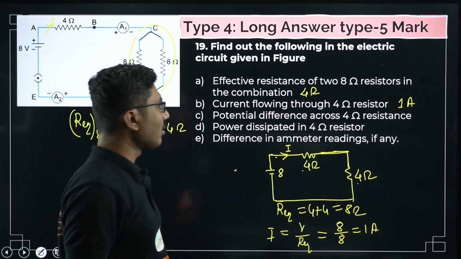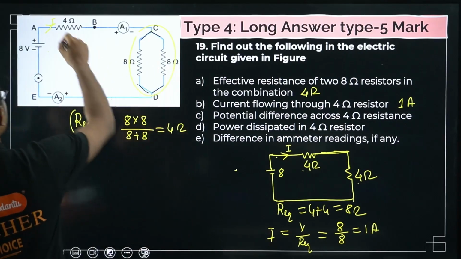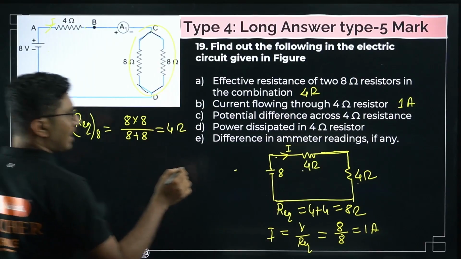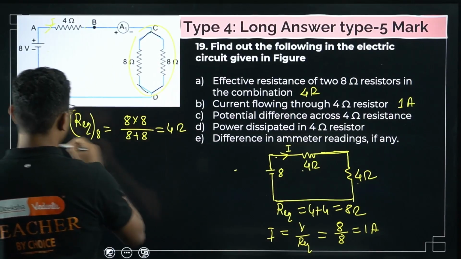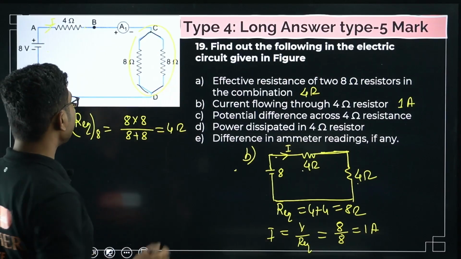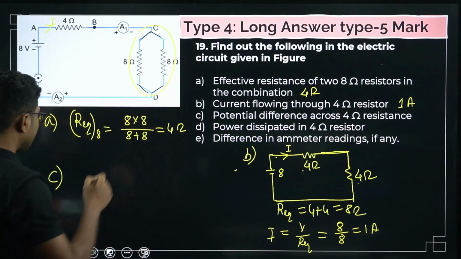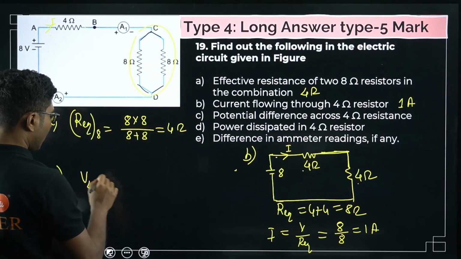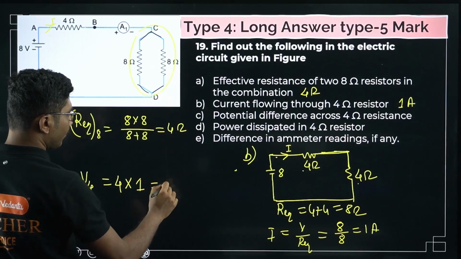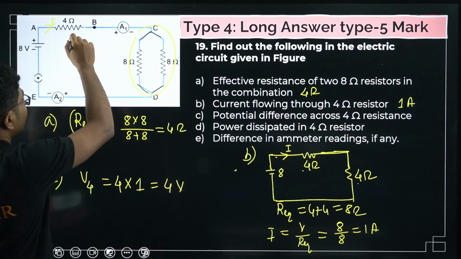Potential difference across the 4 ohm resistance. How do we calculate the potential difference? Across this 4 ohm resistance, it is the resistance times the current flowing through it. So 4 volt is the voltage drop.